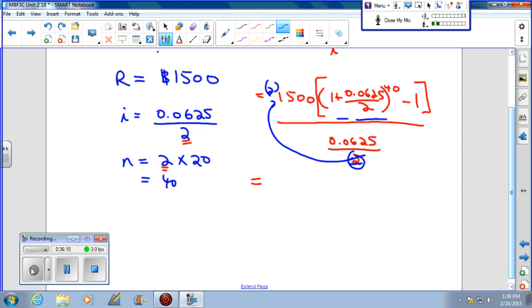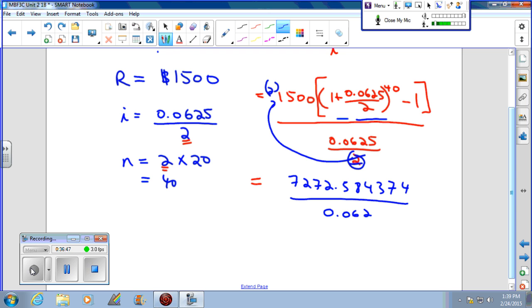So, grab my calculator here. 0.0625 divided by 2, plus 1, to the power 40. Got to be careful because it's a positive here. Minus 1, times 1,500 times 2. And I get 7272.58434.